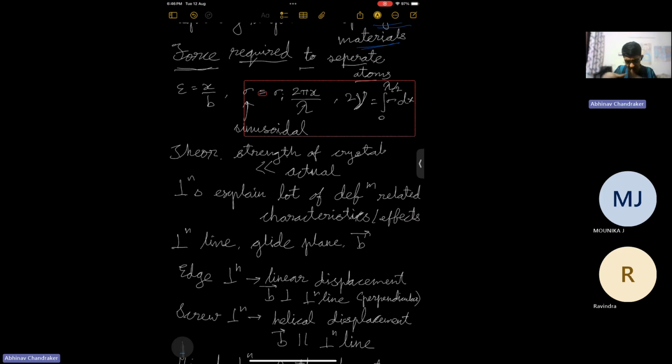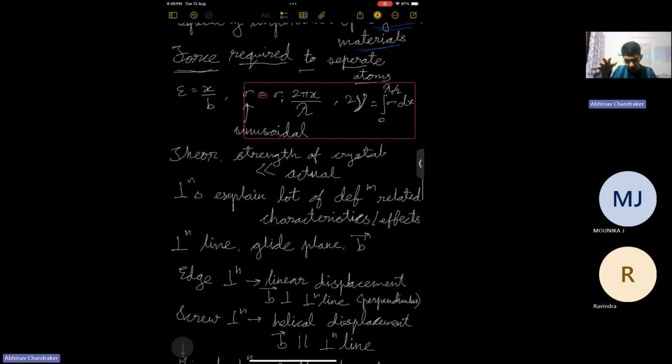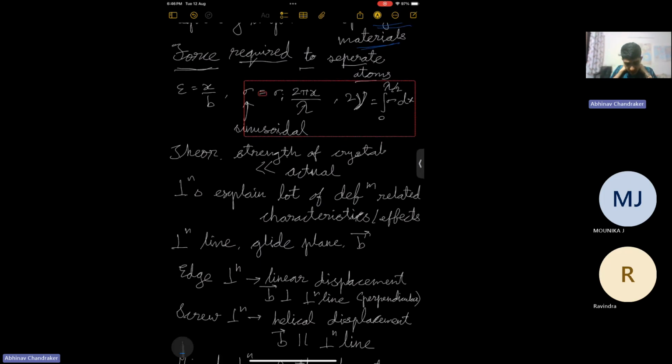So now let's go to some concepts related to dislocation. If we try to theoretically see what will be the energy associated with the breaking of a bond. The reason we are looking at breaking of a bond is because dislocations basically are defects which move by switching of bonds. Between two atoms, the bond breaks and a new bond is formed with the adjacent atom.